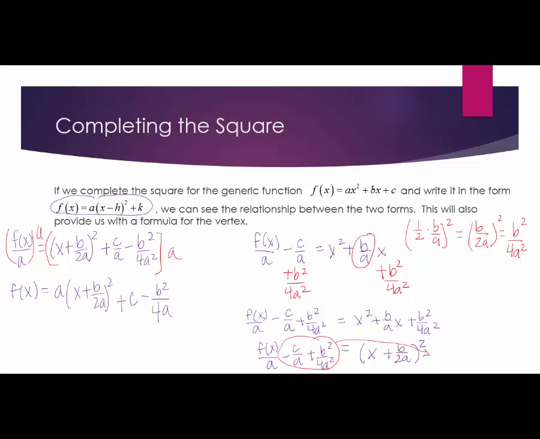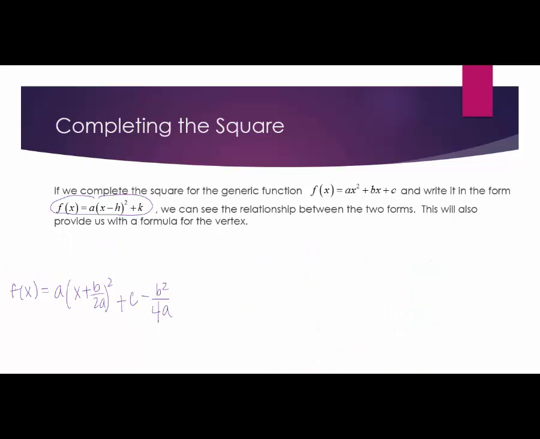Okay, so what have we learned from all this? Well, let me clear the rest out and just focus on what we've got here. This is telling me that my value for h, or the x value of my vertex, is negative b over 2a, right? Negative because I'm subtracting in the form when I write it this way.